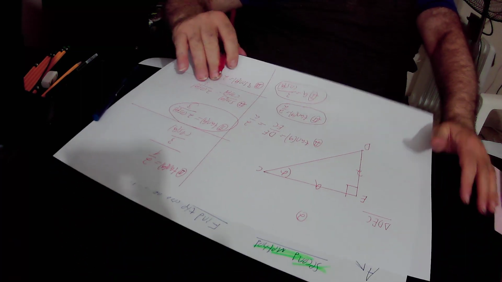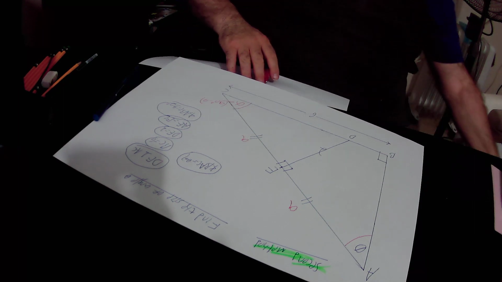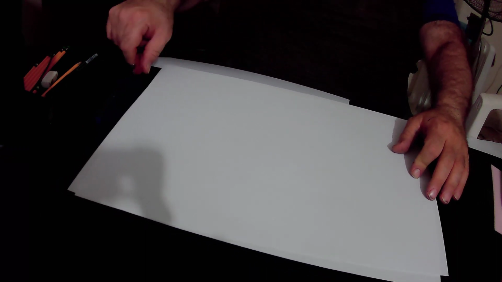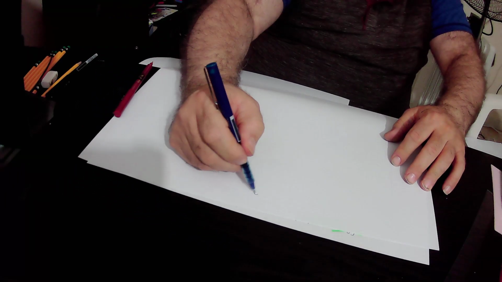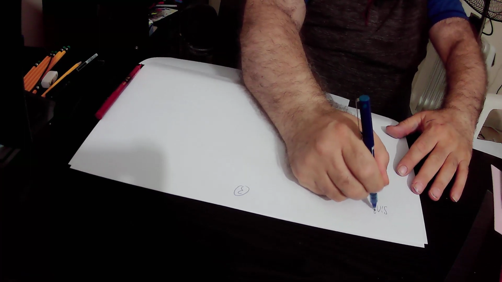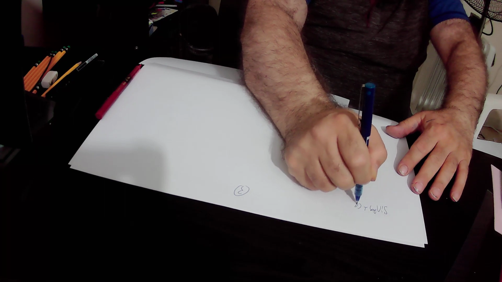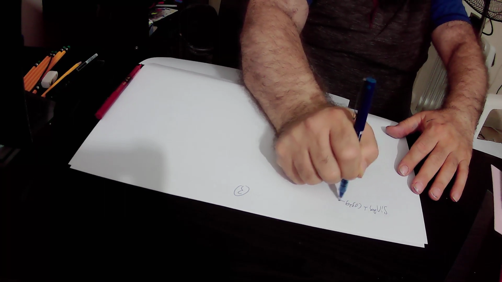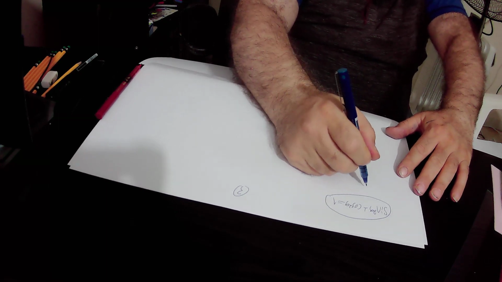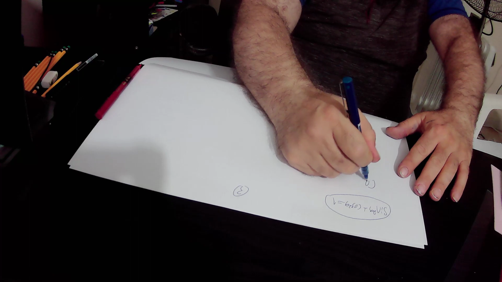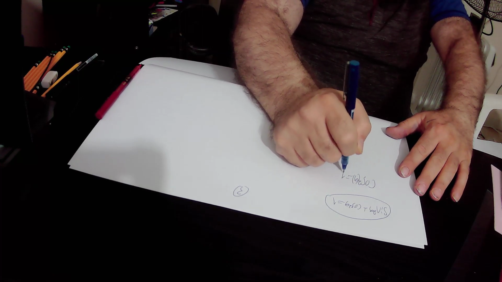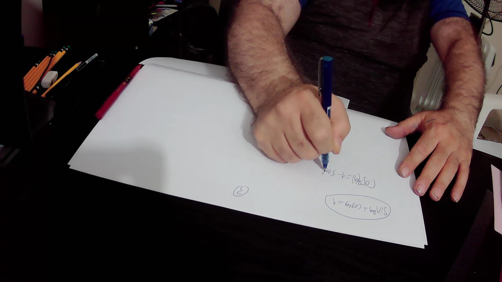We have the trigonometric identity that states that sine square alpha plus cosine square alpha equals 1. We subtract sine square alpha from this identity, and we will get that the value of cosine square alpha is actually equal to 1 minus sine square alpha.